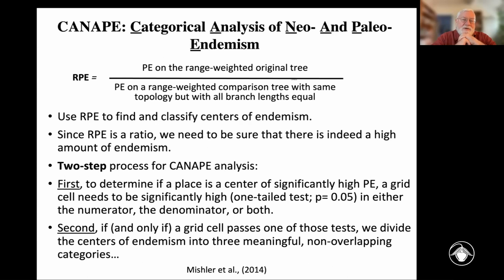So I randomize occurrences 1,000 times and I look at the tail of that distribution and compare my actual PE with that tail. That's what we call a one-tailed test because you're only comparing with the high tail. And if the grid cell passes that, then we look at RPE for that grid cell and we parse it into one of these categories that I'm going to show in a second. And that has to do with whether that's a two-tailed test, and that has to do with whether or not RPE is significantly high or low.